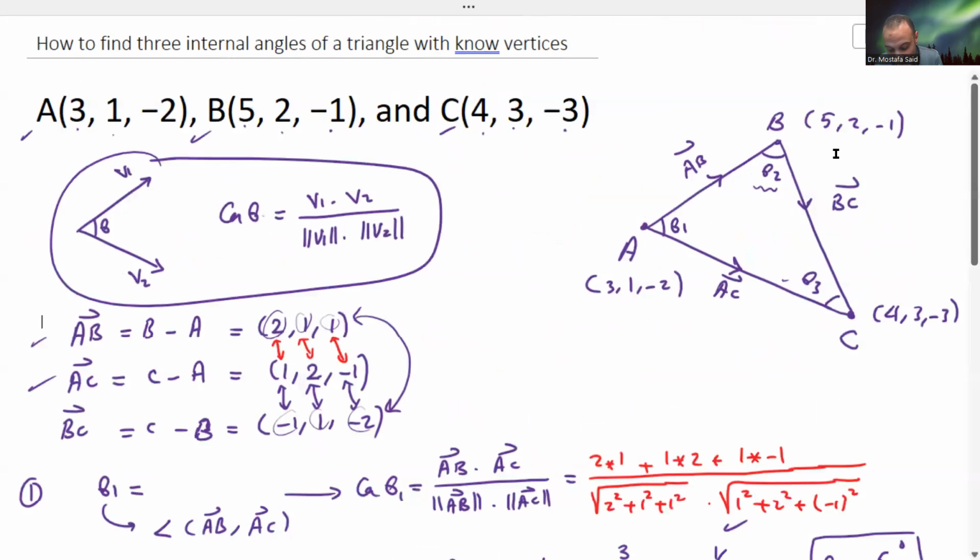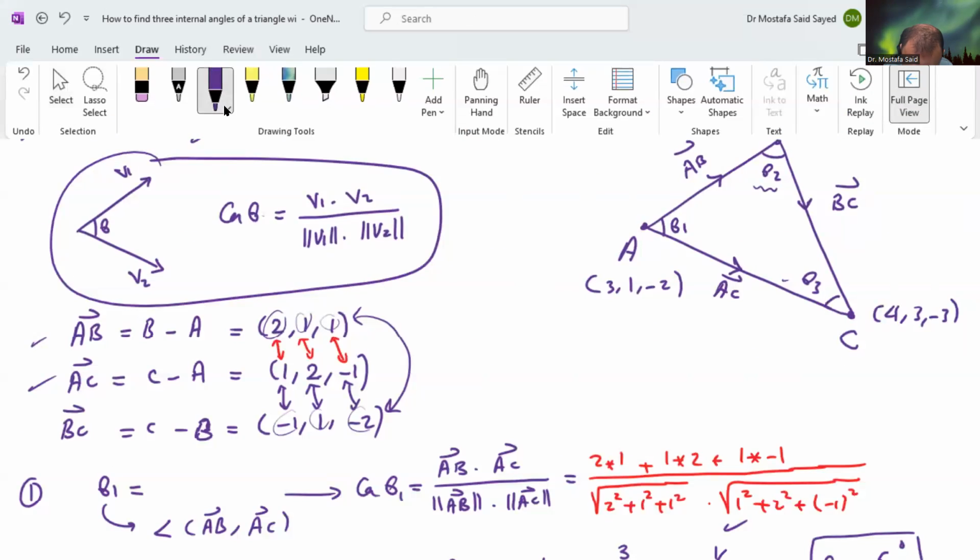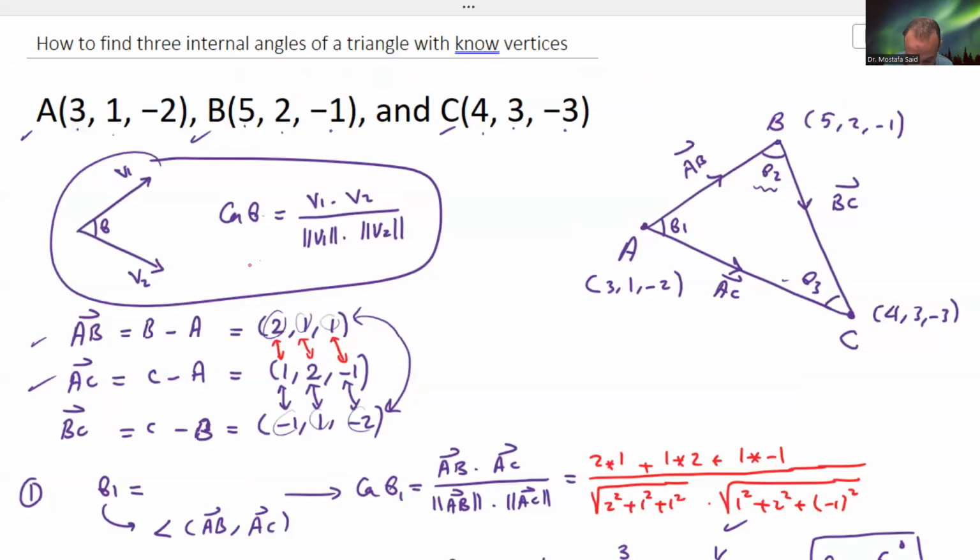So you can apply this formula in only two cases. Let's draw them. This is the first case here. And I'm going to do the second case, when you have the two vectors, V1, V2, and both are heading to theta 1. Okay?